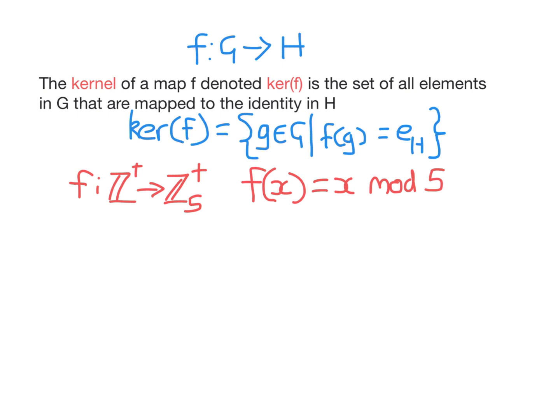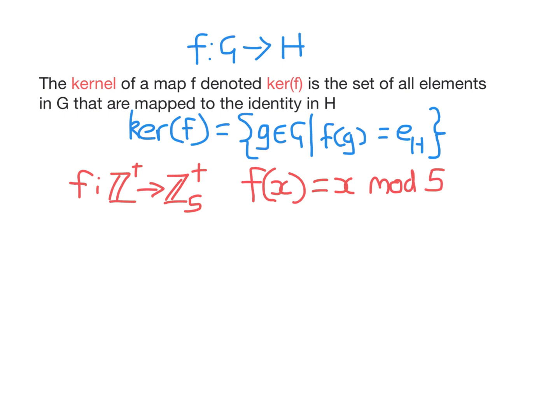Well, we're looking for all of the integers, so these are the normal integers, that are mapped to the identity in mod 5. Now, because we're looking at the operation of addition, the identity in this set is 0. 0 is the additive identity. So we're looking for all of the integers that under this map would be mapped to 0.